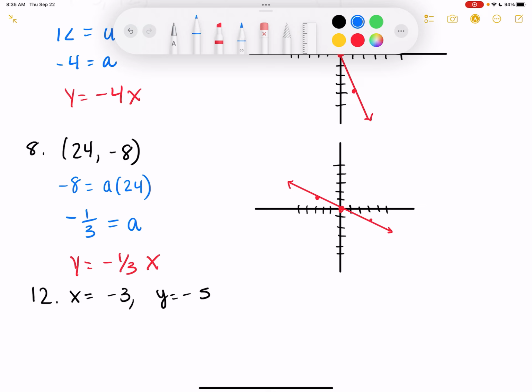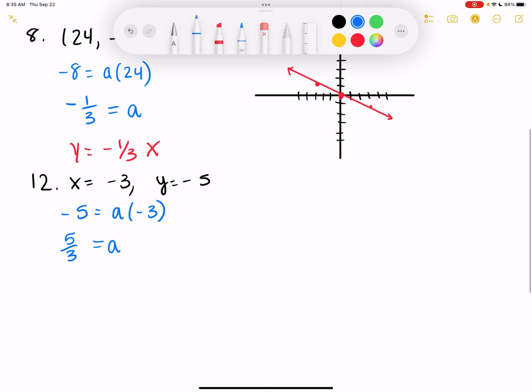So I'm going to start out, I need to find a. So negative 5 equals a times negative 3. So a is going to be equal to 5 over 3. So then I write the equation y equals 5 over 3 times x.